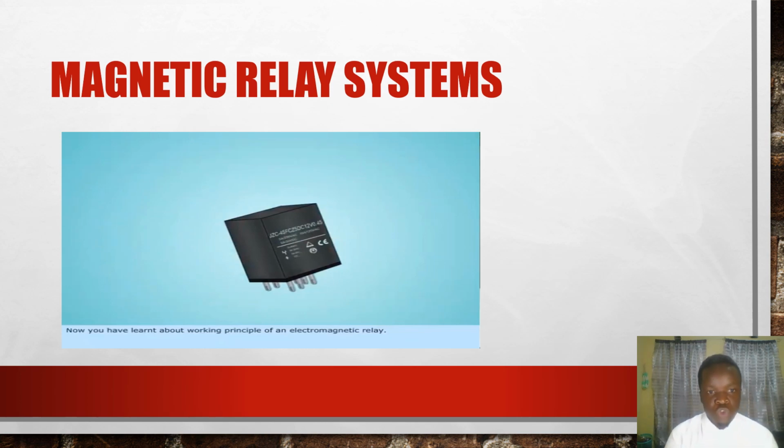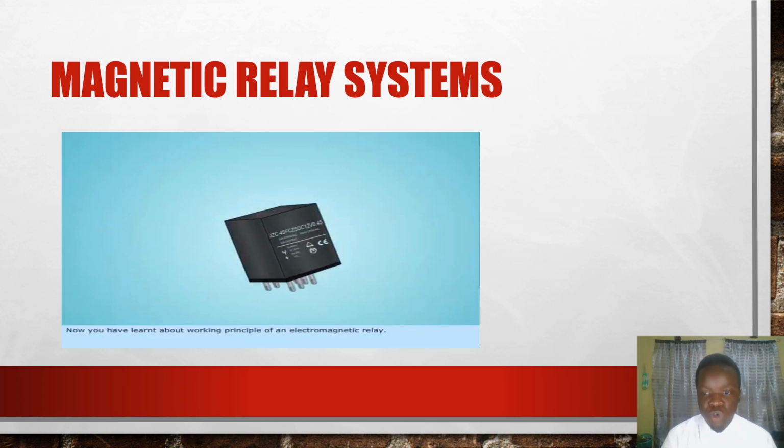Hope you have understood. So in today's class, we have learned about the magnetic effect of an electric current, and so far we have been able to understand the laws relating to the magnetic effect of an electric current, like the Ampere swimming rule and how they work.